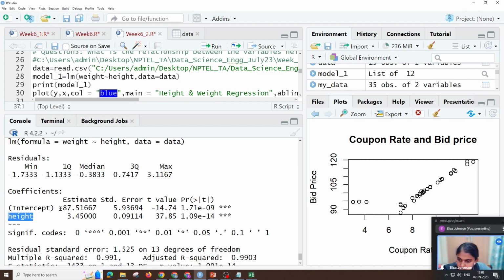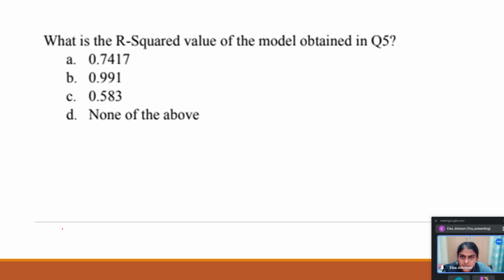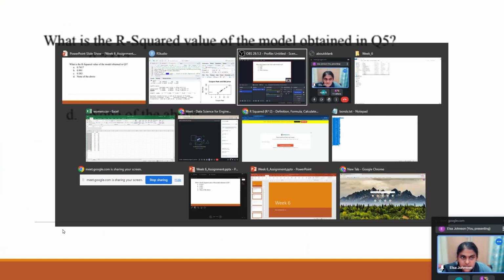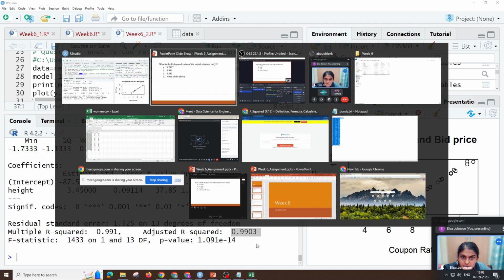That's why our equation comes out as minus 87.51667 plus 3.45 into the height. The standard error and everything is there. In our question, the R squared value is asked. The R squared value is given as 0.991 and adjusted R squared is 0.9903.